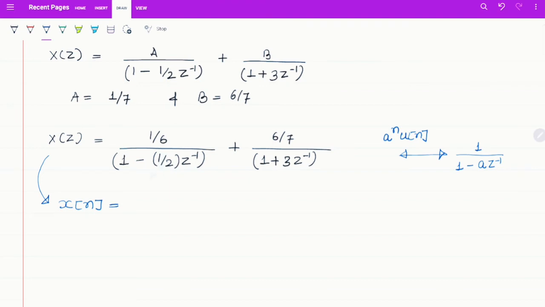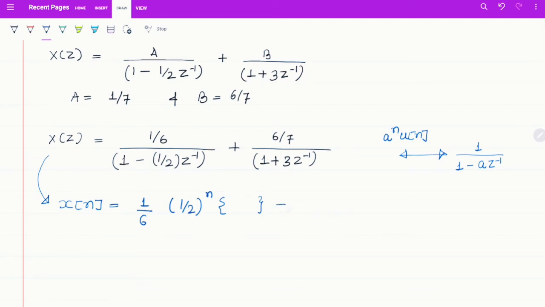So the inverse z transformation of this one is 1 by 6, I'll take 1 by 6 common, so it will be 1 by 2 to the power n, instead of a I am using 1 by 2, into, I am not mentioning here whether this is right-sided or left-sided.